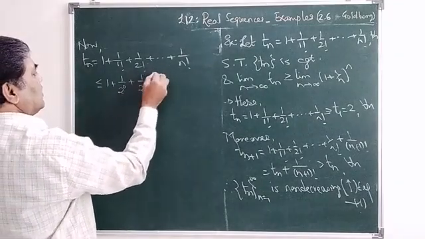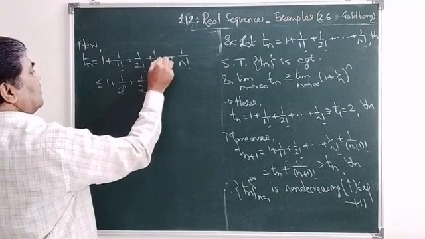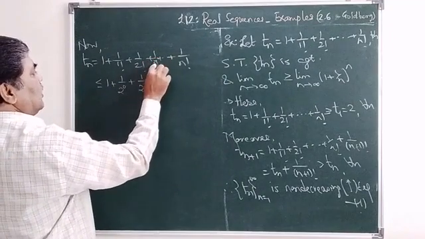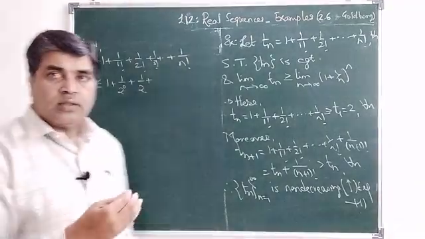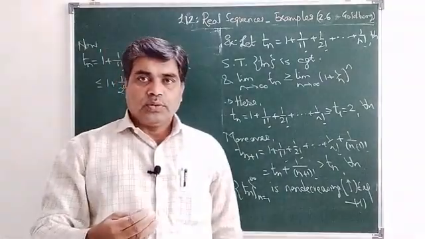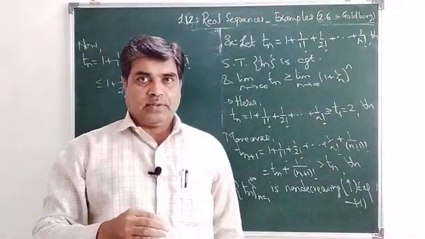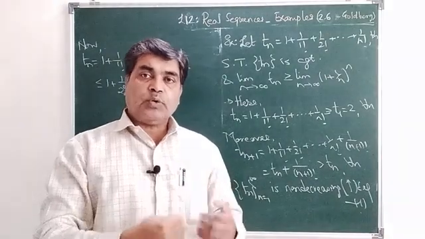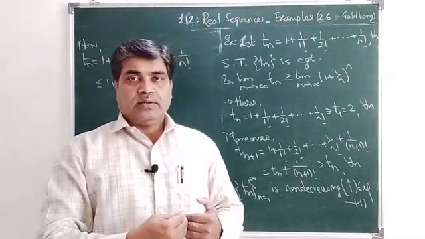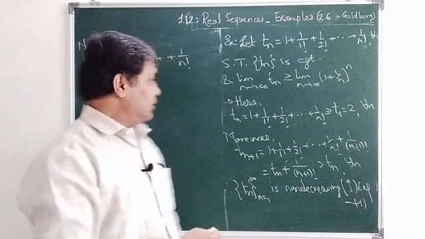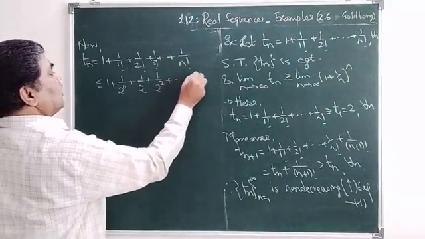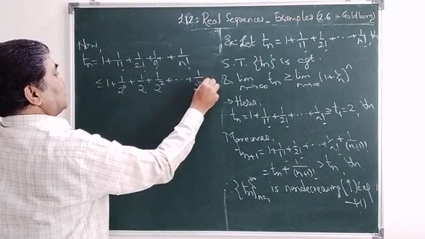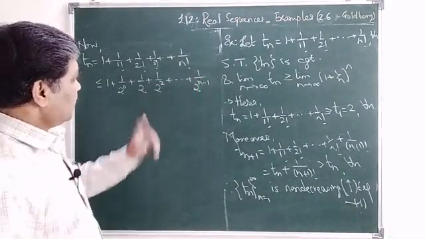The next term is 1 upon 3 factorial, meaning 1 into 2 into 3. 2 into 3 is greater than 2 into 2, that is 2 square. So its reciprocal 1 upon 2 into 3 must be less than 1 upon 2 square. So 1 upon 2 square plus dot dot up to 1 upon 2 raised to n minus 1. Is it clear?